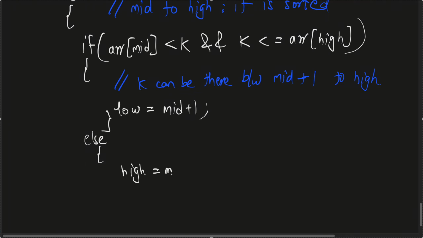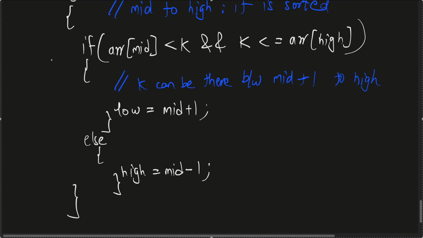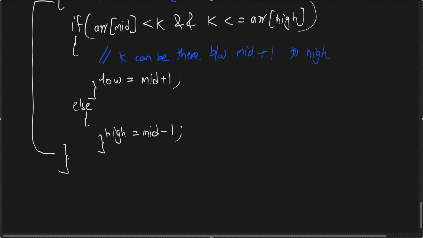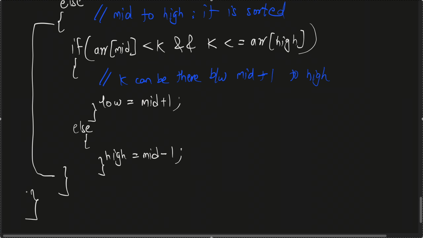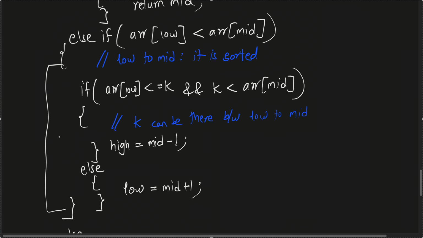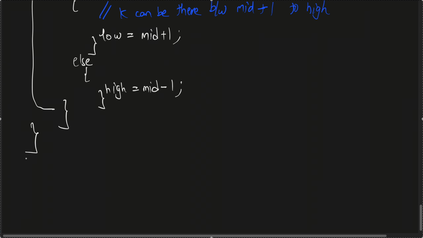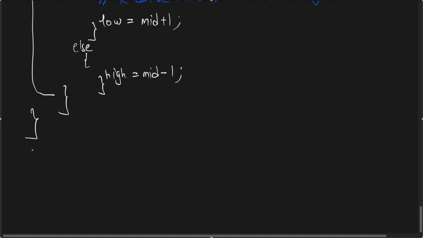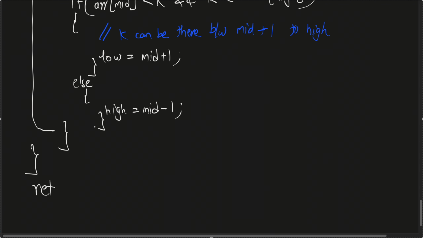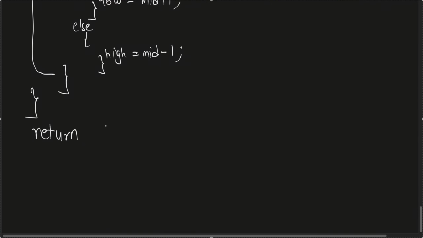High is equal to mid minus 1, and this else also ends. This line is for the while loop, right? And if none of the conditions match, that means the element that we are searching is not present. So if the element is not present, we will simply return -1, right?